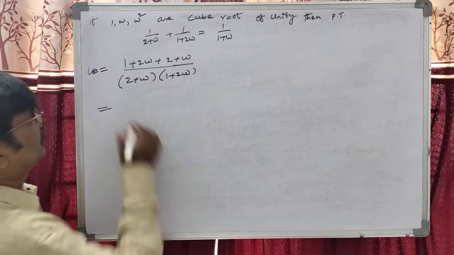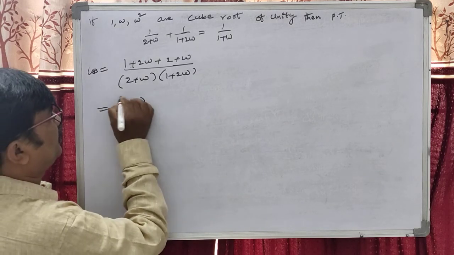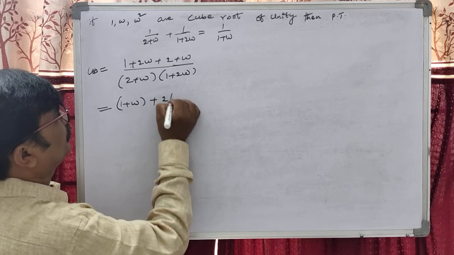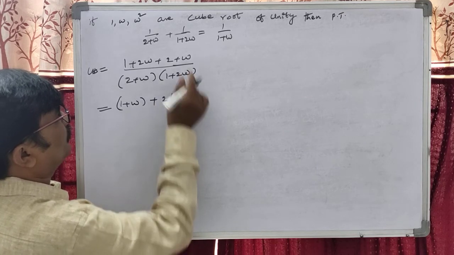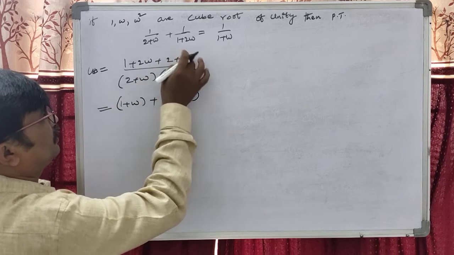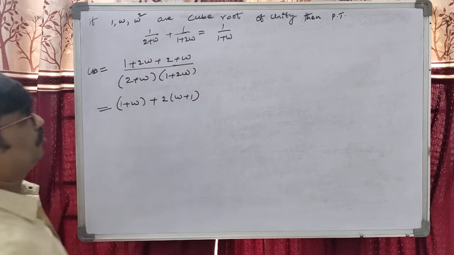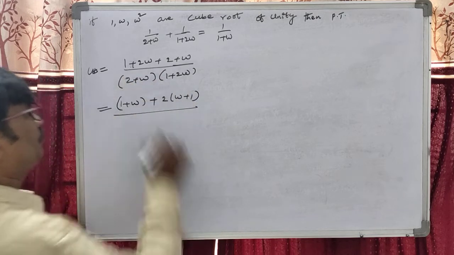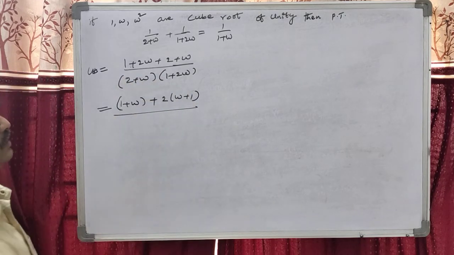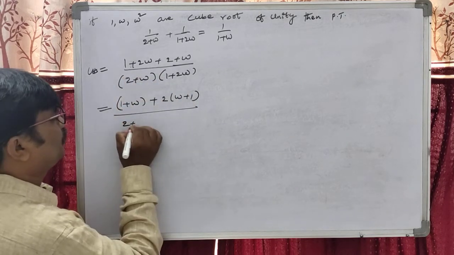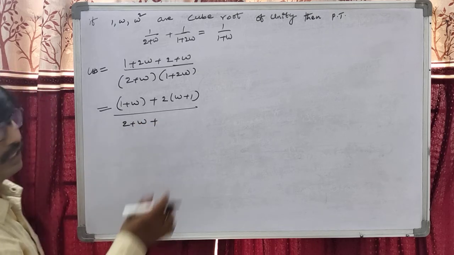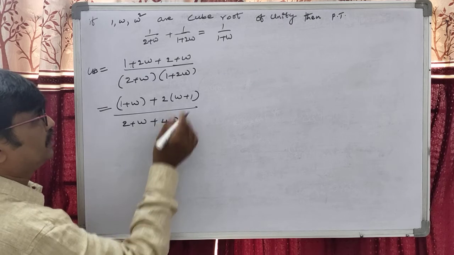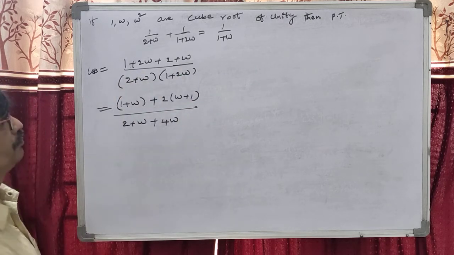So in 1 plus omega, 2 is common: first is 1, last is omega, so 2 is common, 1 plus omega. First we multiply with 1, that is 2 plus omega. After that we multiply with 2 omega. 2 twos are 4 omega.